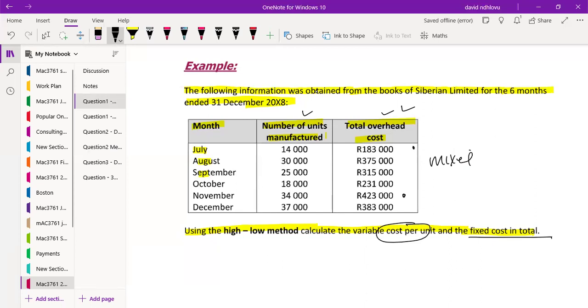So we take 423, our highest cost, minus 183.